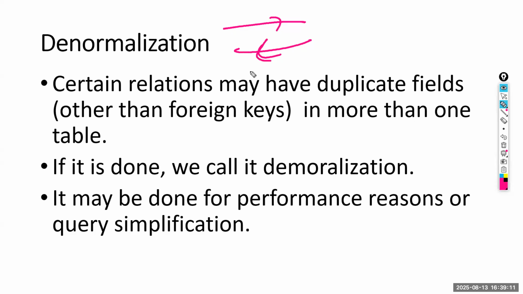So therefore, sometimes designers decide to denormalize the database. That means they know that this is violating third normal form. If I do this, it violates second normal form. Still, I do it for this particular benefit.